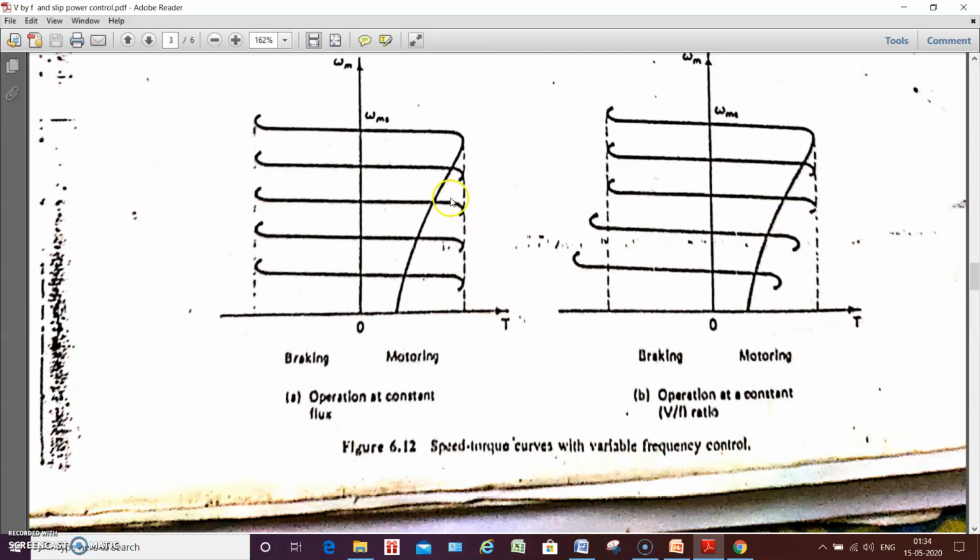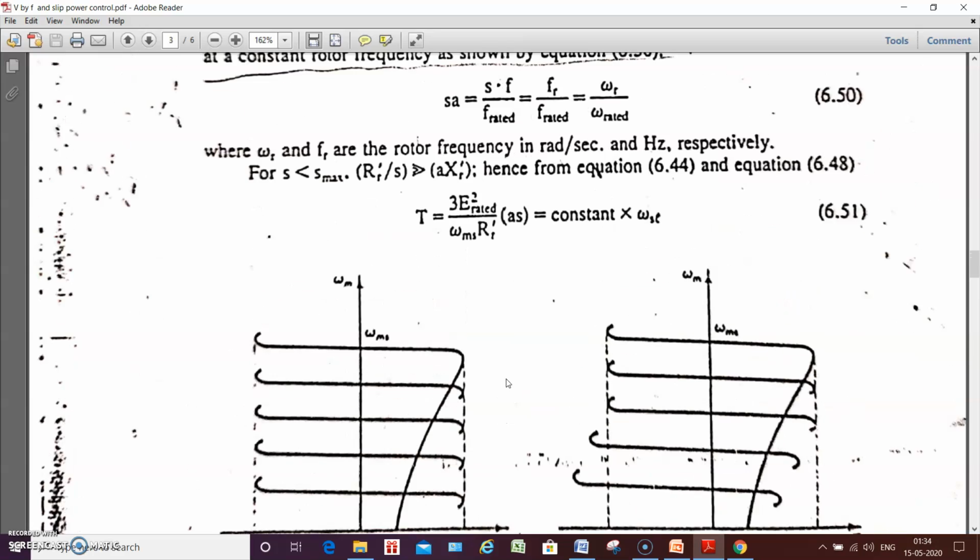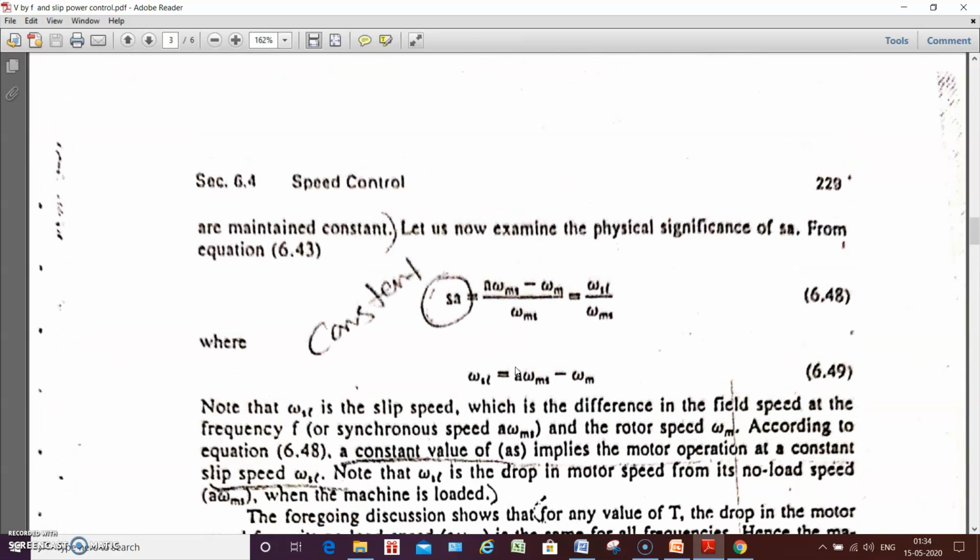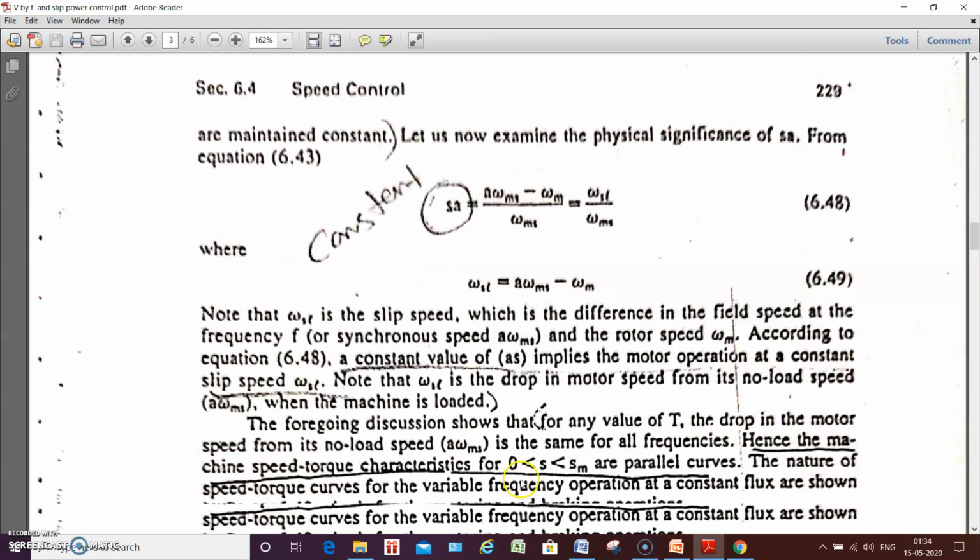Whatever it may be, the maximum torque obtained is going to be constant. So two conclusions we have made in this analysis. One thing is the speed torque characteristics is going to be a parallel line, or slip speed is going to be constant, since this parameter is constant in the V/F control method.